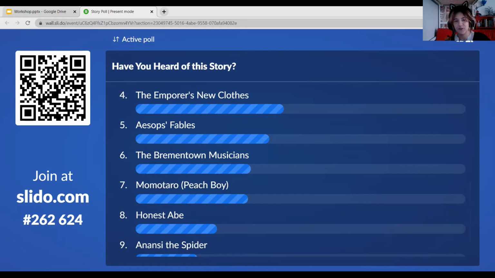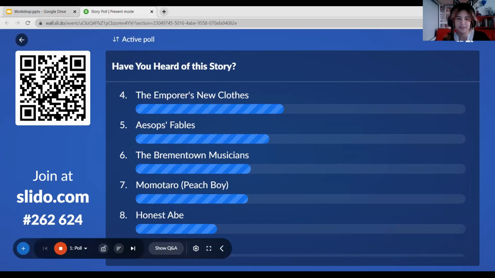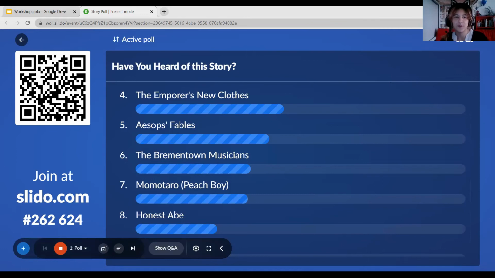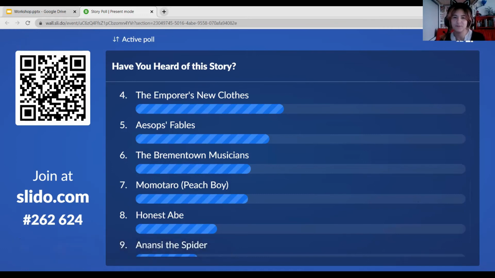The Western or European stories were still the ones they taught me in school, and this relates to our topic of culturally responsive teaching. But before we go into that part, would anyone like to add anything?